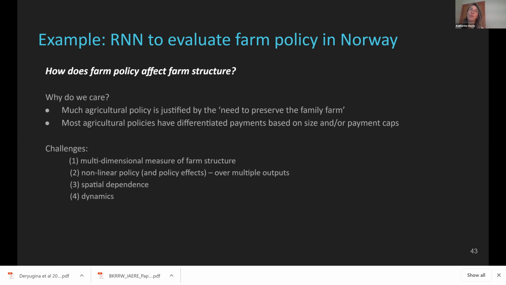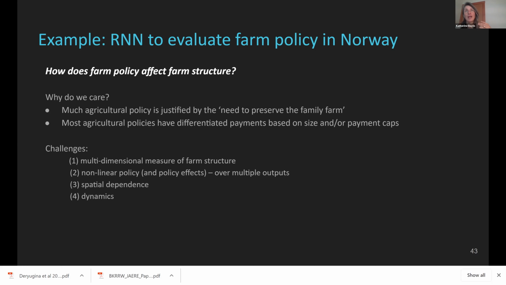Why use a neural network? Well, the trick is these policies, especially in Norway, are wildly complex. There are differential subsidies for differential outputs, and each output subsidy has a different threshold. At the same time you have a single farm that's producing all these different outputs and trying to respond to all of these slightly different incentives.